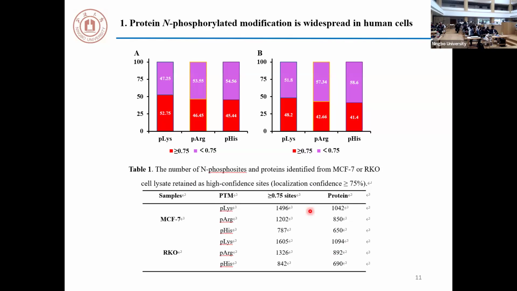We further analyzed the credibility of those identified sites. Over 40% of those sites had high confidence. As a result, over 3,000 high confidence nitrogen phosphorylation sites were identified in MCF7 cells and another cell line respectively.